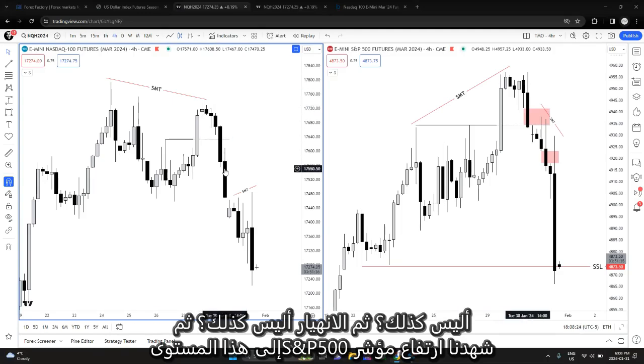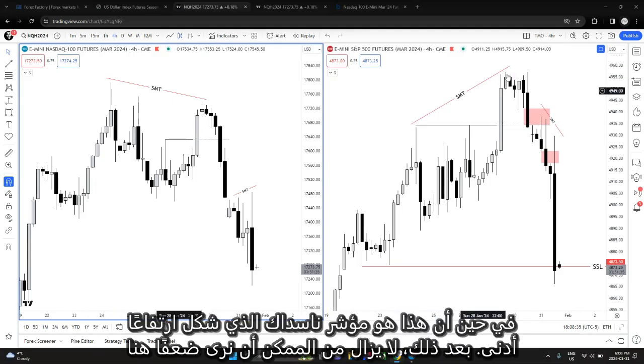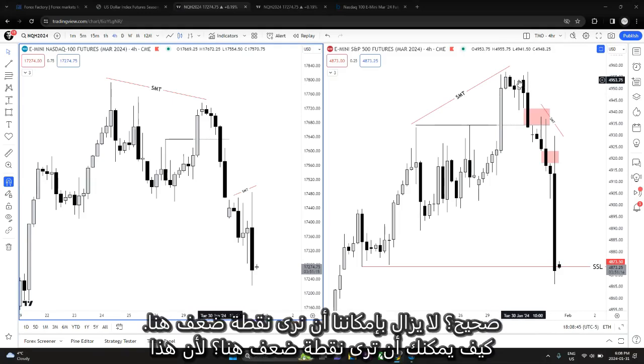And then breaking down, right? And then we had the S&P 500 taking out this high, while this, which is the Nasdaq, formed a lower high. After that, we could still see a weakness here, right? You could still see a weakness here.